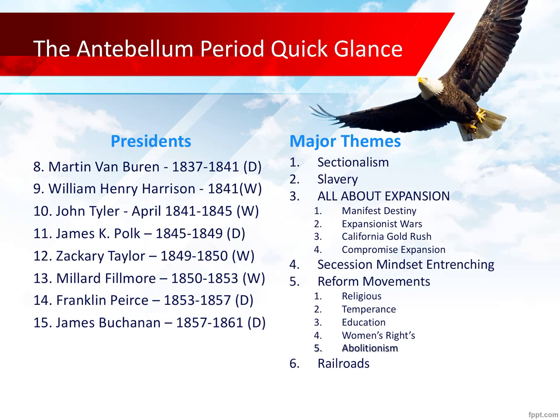Major themes that you're going to have during this time period. You're going to have sectionalism, North, South, and West. You're going to have slavery be a major issue. Should we have it? Should we not? I mean, in this time period, it's obvious we should not, but to them, it was not as obvious, and it was a major issue. Expansion is going to be a major theme. Manifest destiny, or the belief that God has called us as Americans to dominate the continent.